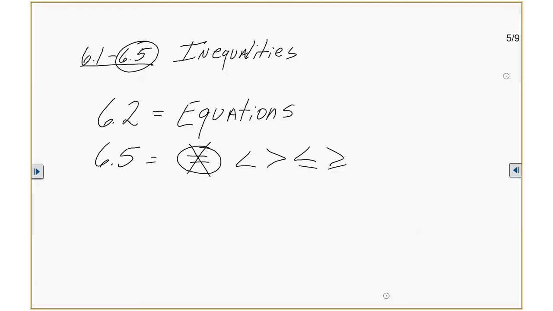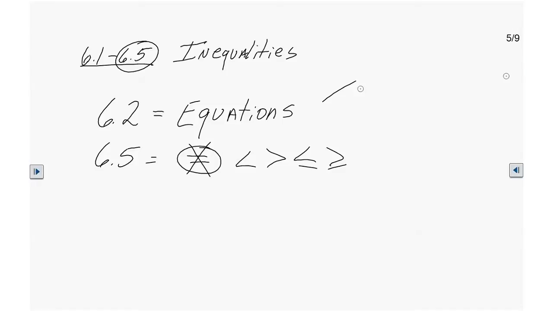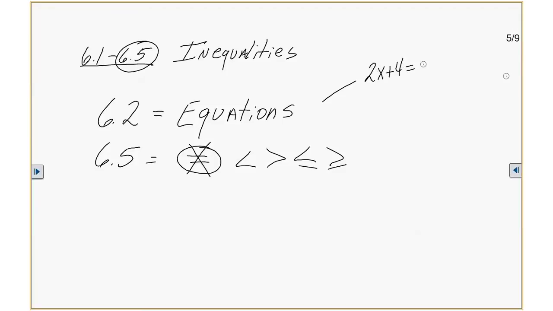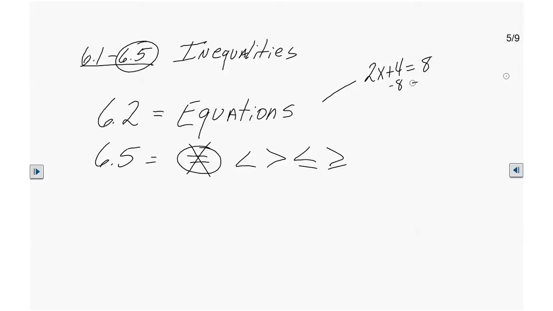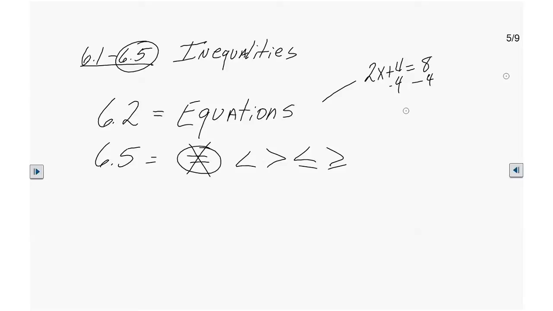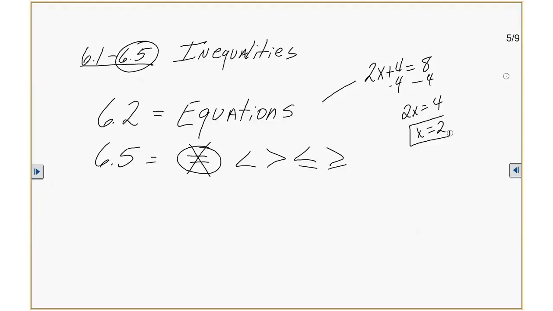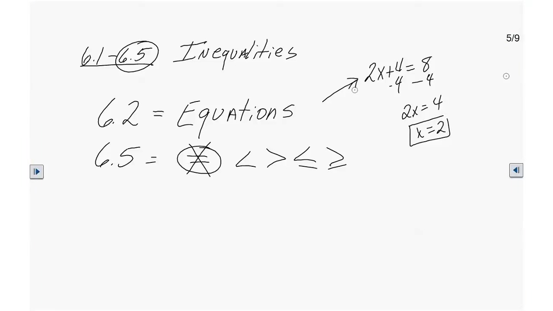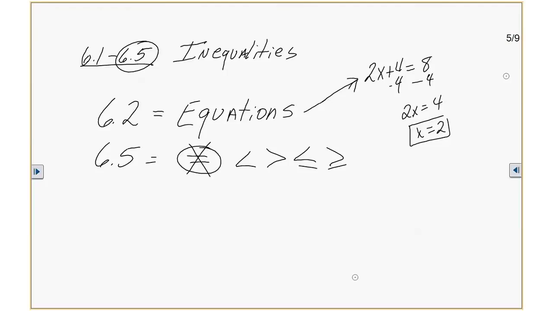Okay? So with the equations, you got 2x plus 4 is equal to 8. Minus 4, minus 4. 2x is equal to 4. x is equal to 2. So what does x is equal to 2 mean? When you get the answer x is equal to 2, what does that mean?